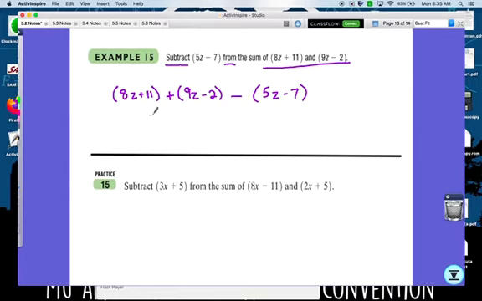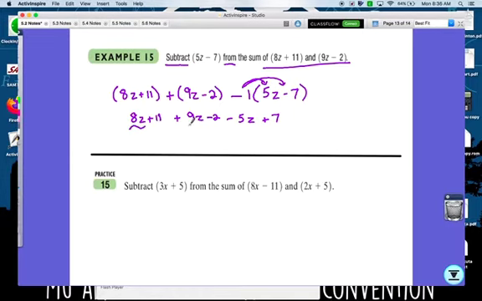All right. And then let's go ahead and just rewrite it without parentheses. 8z plus 11 plus 9z minus 2. I do need to distribute this negative 1 through. So minus 5z plus 7. And then combine.